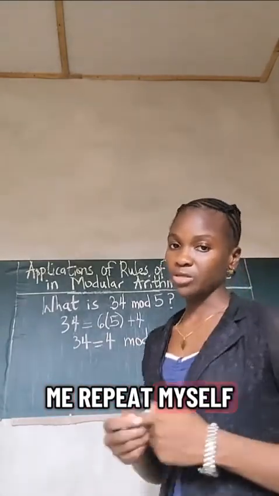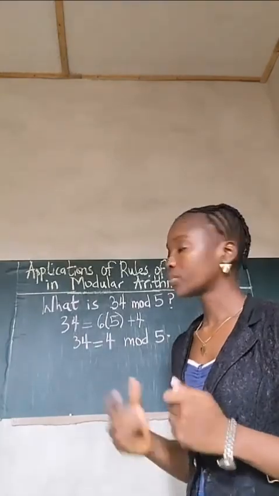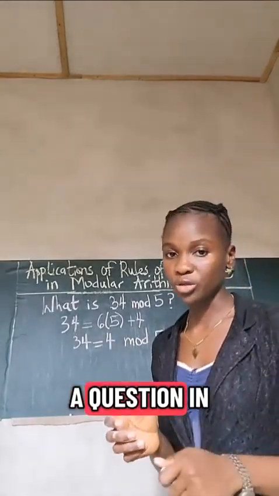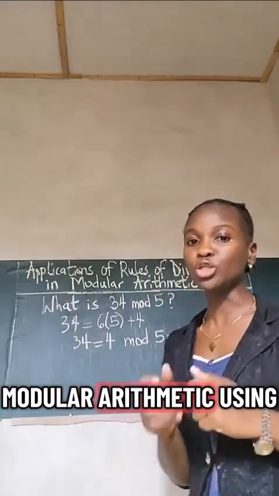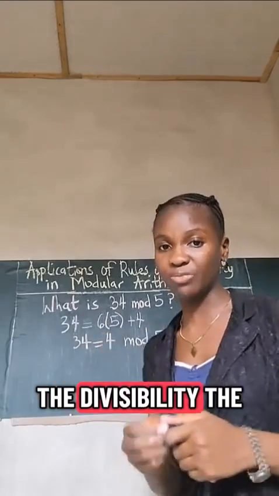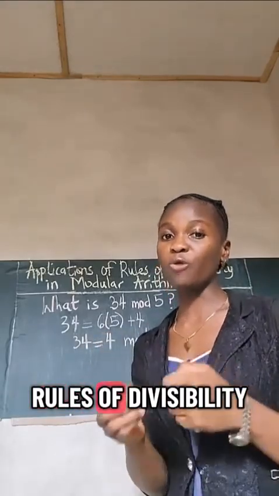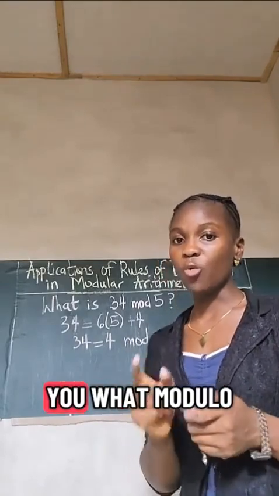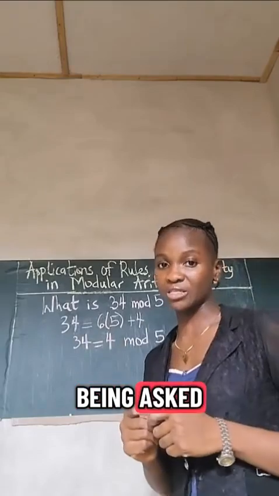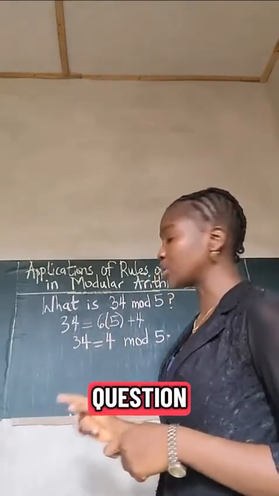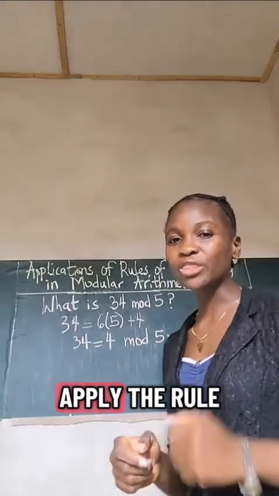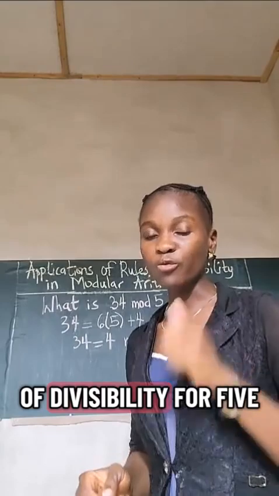Now let me repeat myself. If you are trying to solve a question in modular arithmetic using the rules of divisibility, the first question to ask is, what modulo is the question being asked? For this particular question, the modulo is modulo 5. That means we are going to apply the rule of divisibility for 5.